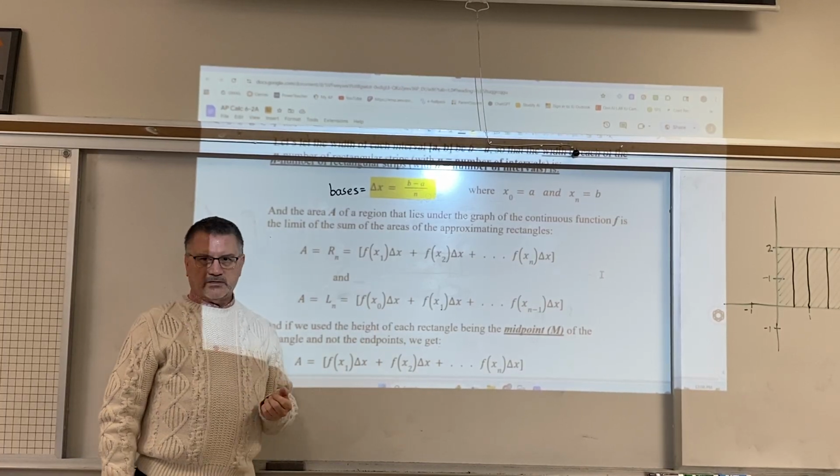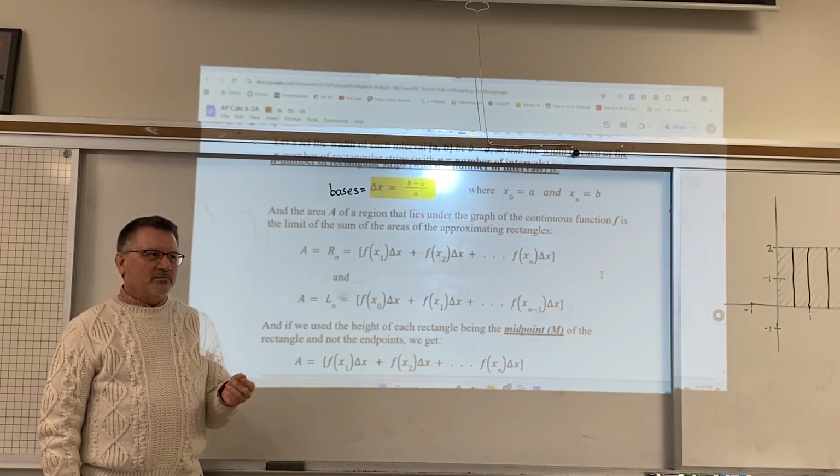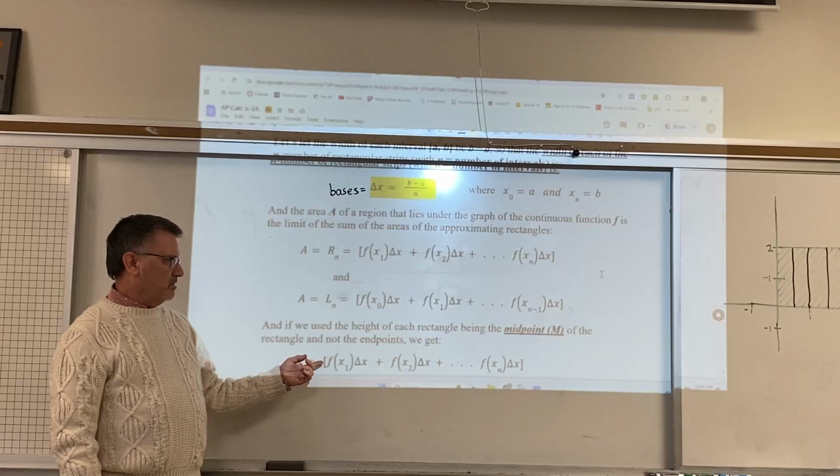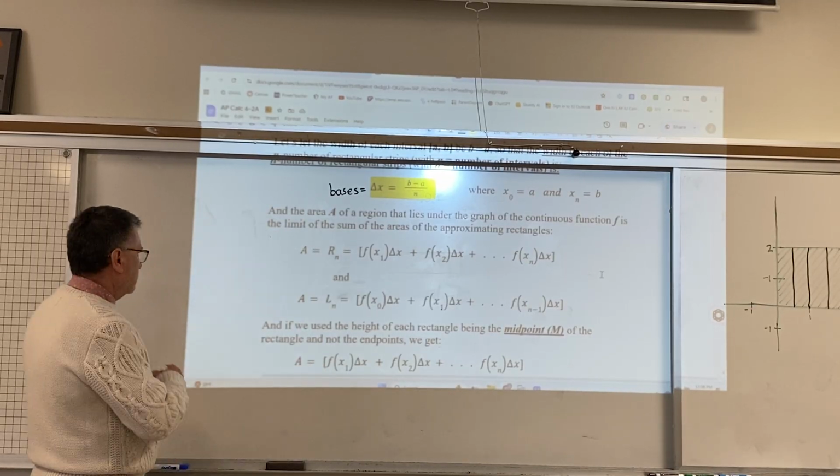But then I always get people that say, you know, left side, that's not perfect. Right side, that's not. Why don't we use the midpoint? That would really look good.